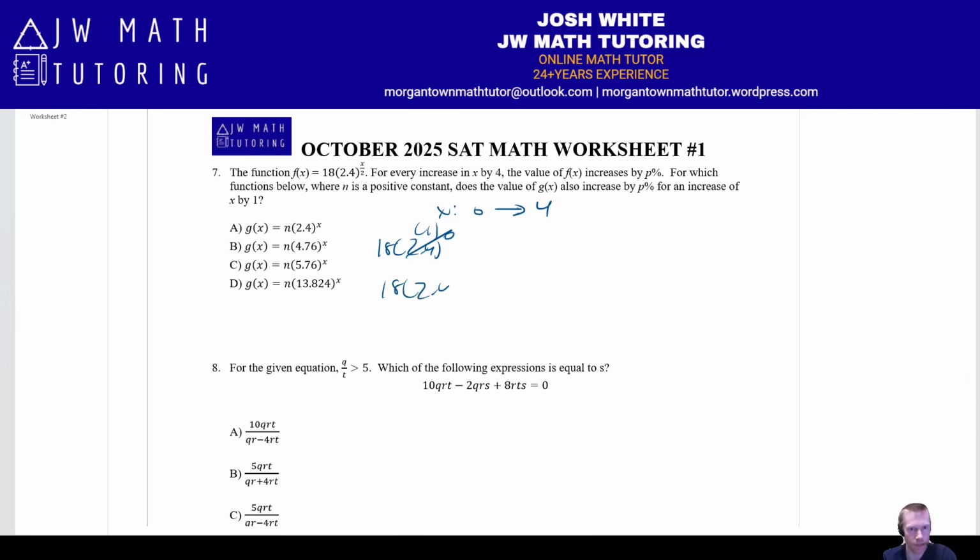And then 18 times 2.4 to the 4 over 2. Well, 4 over 2 just divides into 2. So notice what's happening here. Basically, you have the same 18, and when you increase x by 4, you end up multiplying it by 2.4 squared. Okay, so what is 2.4 squared?